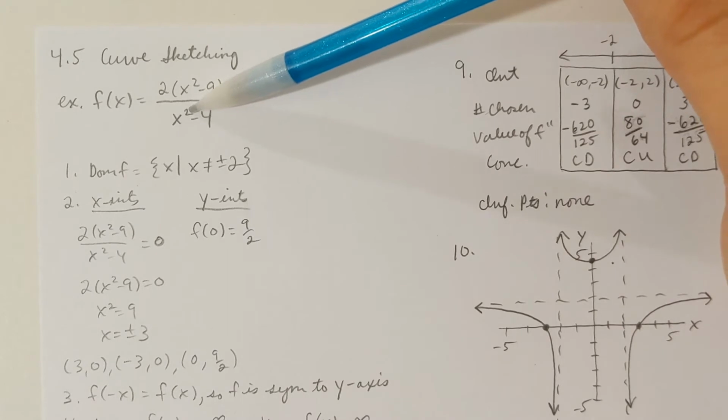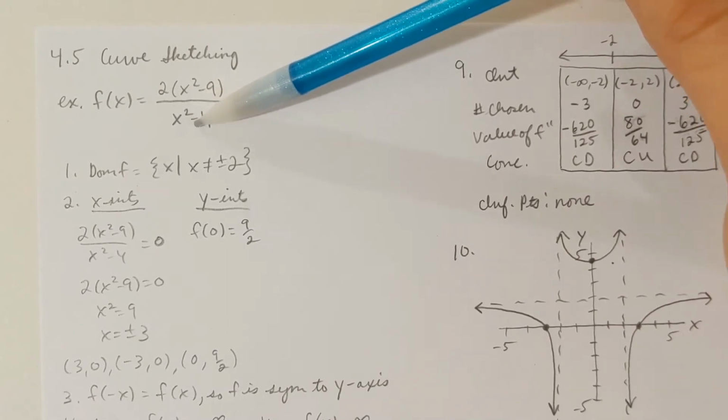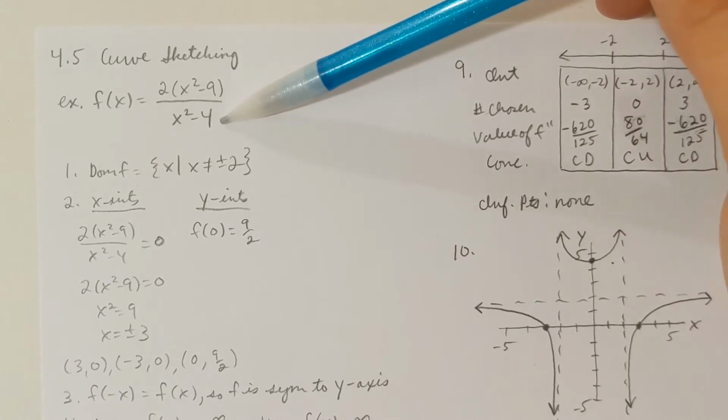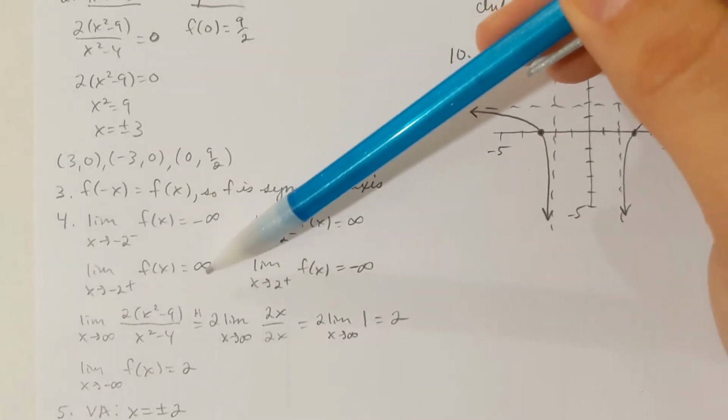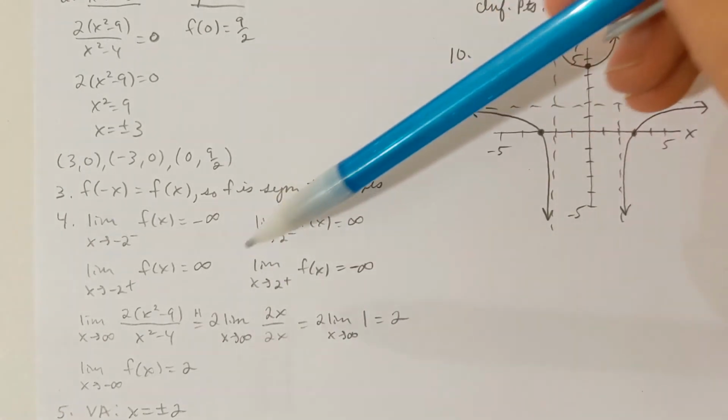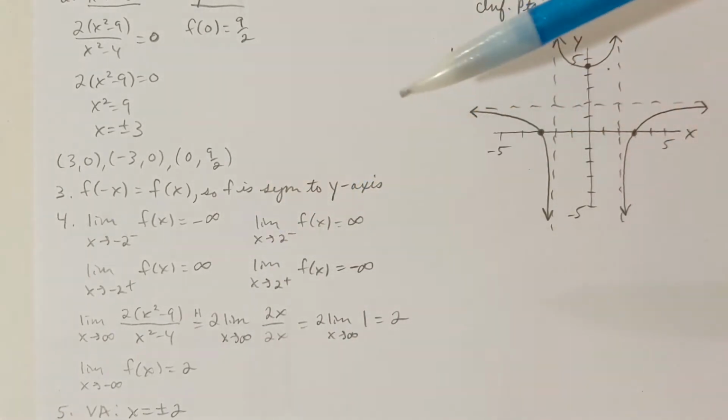Negative 1.9 squared would be some number less than 4, so when you subtract 4, you'll get a negative there. A negative divided by a small negative would produce a large positive output. So the result of that would be infinity.